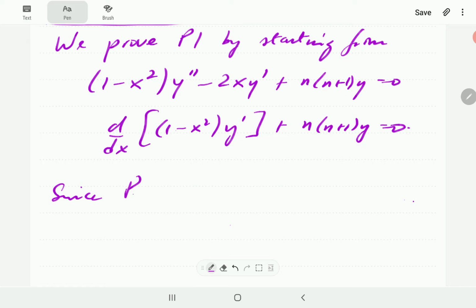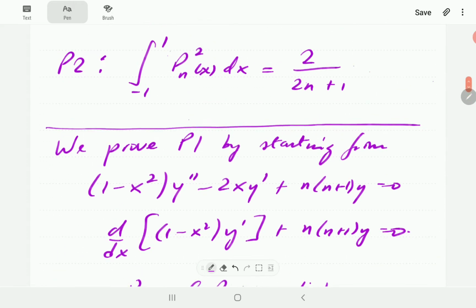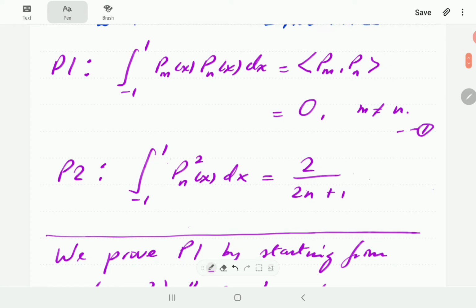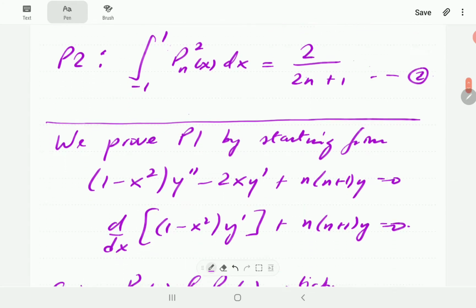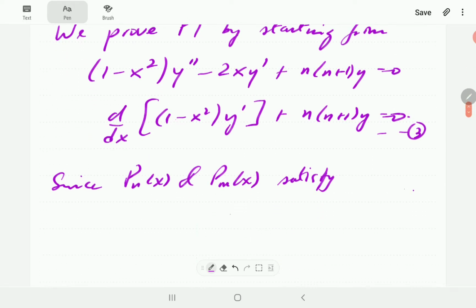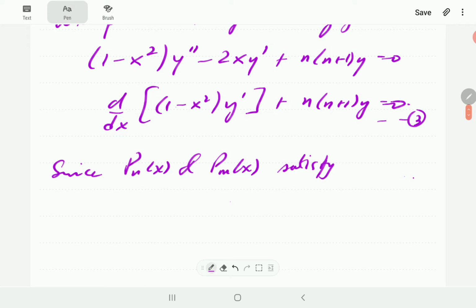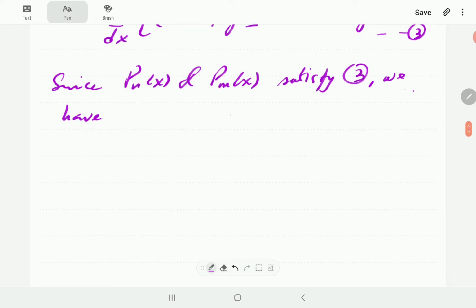Now what we are going to do is rewrite this in terms of Pn and Pm. Since Pn of x is a solution of this ODE, or satisfies this ODE, Pn and Pm satisfy it. So let's call this equation number 1, equation number 2, this one I'm going to call equation number 3. Since both Pm and Pn satisfy 3, we can write the following ODEs.